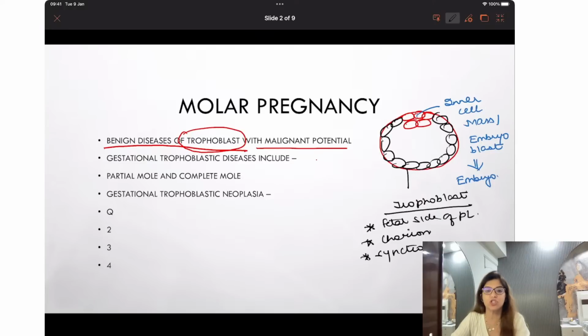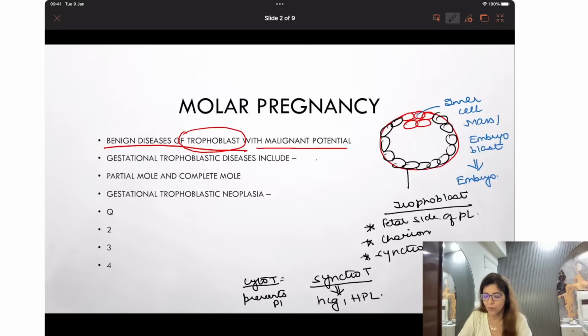Syncytiotrophoblast's role is that all the hormones formed by the placenta, for example HCG, HPL, are formed by syncytiotrophoblast, right? And cytotrophoblast has a very important role, which we are going to do in PIH, that it prevents PIH.